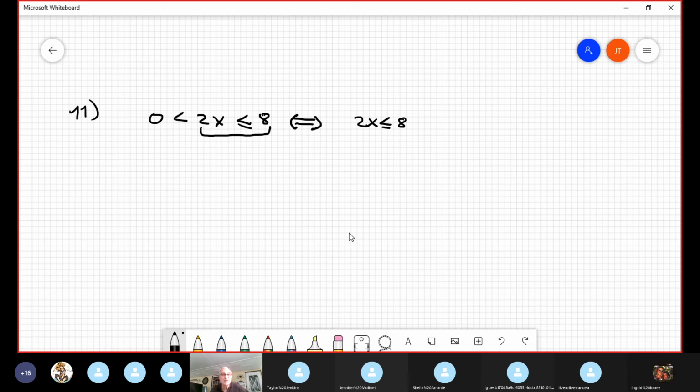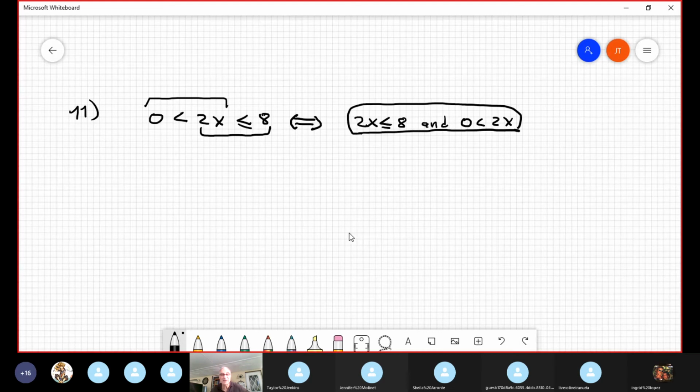And you copy this statement, that is 0 less than 2x, and you connect it by "and". Always by "and". This is one way, and this is another way to express the same idea.